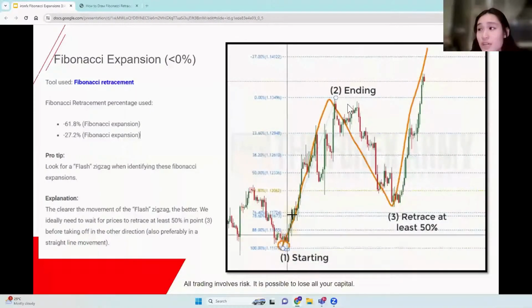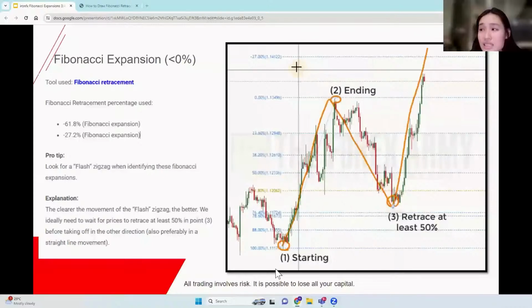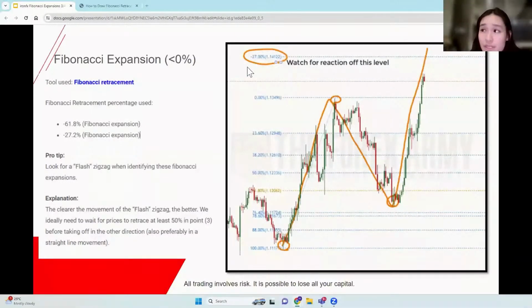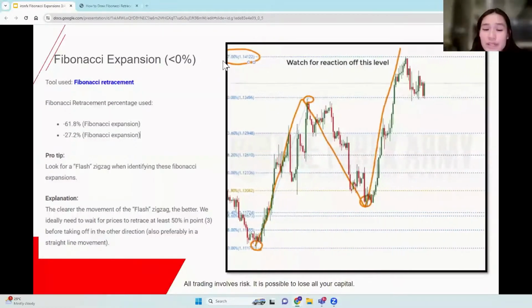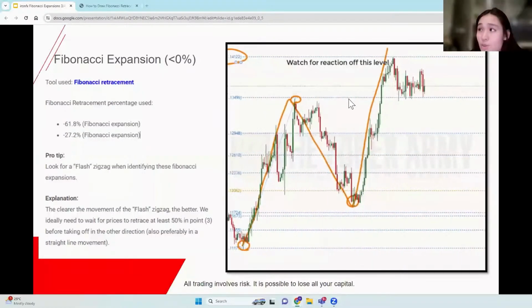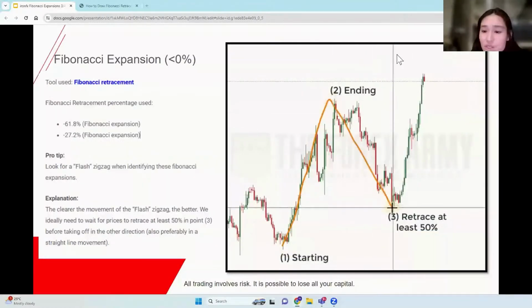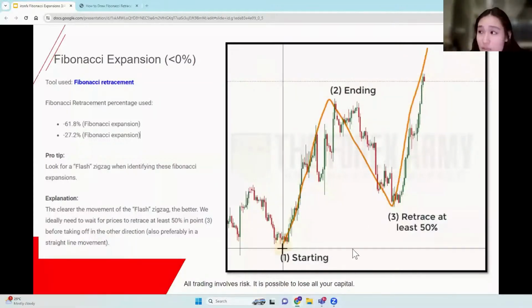Okay, our flash symbol is drawn out in yellow, and you're taking the starting and ending point, or point 1 and point 2, and we are observing the negative levels. Of course the first level we'll be observing is minus 27.2. If price breaks out of the minus 27.2, then we would go on to look for the minus 61.8.